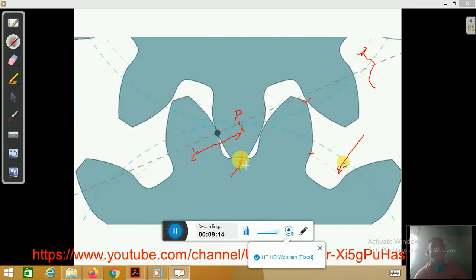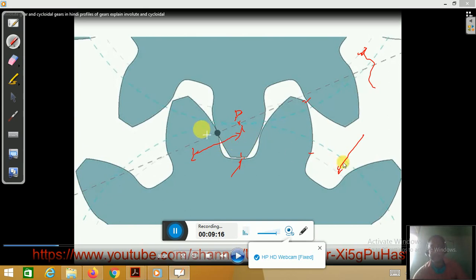Then we also observe that this normal or line of contact is always tangential to the base circle. You can observe here, somewhere at this point. This line of contact is always tangential to the base circles. You can observe it here also.